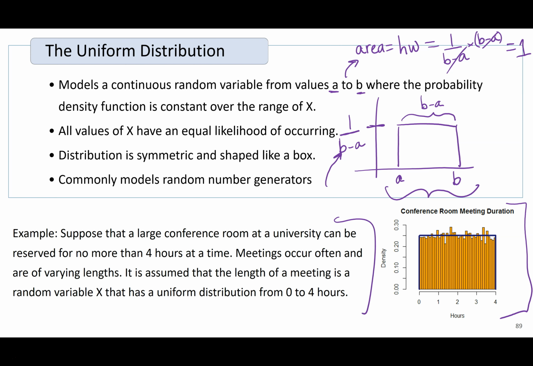For this example, we are going to assume that the length of a meeting is our random variable x, and it has a uniform distribution from 0 to 4 hours. Here's an example. We have that rectangle drawn around it, from 0 to 4 hours, which means the height here is going to be 1/4 or 0.25, because we have a width of 4 hours.